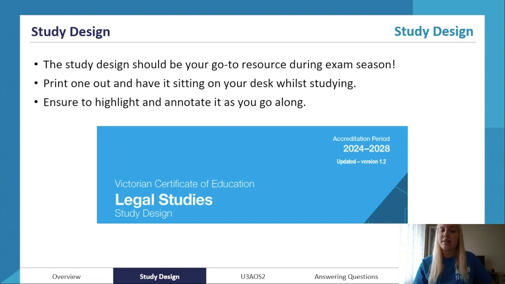I can't stress enough how important it is to actually work with the study design. You should have it printed out and highlighted and annotated to tick off key knowledge dot points and key skills dot points, because the legal study design makes sure that you have direction in terms of what you're studying, so you don't go and study above and beyond.